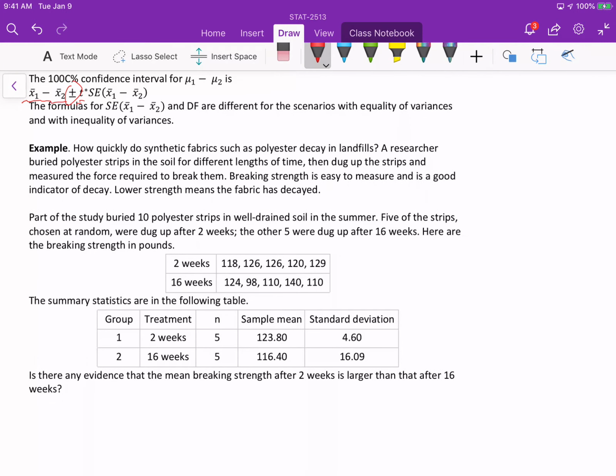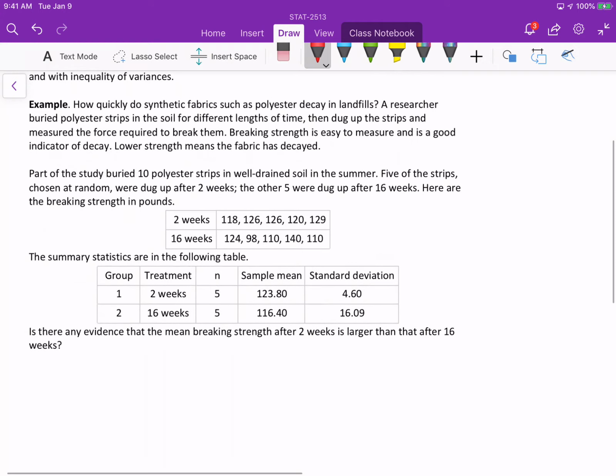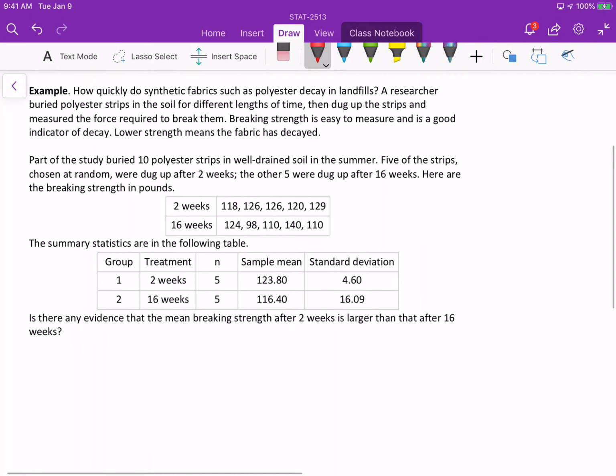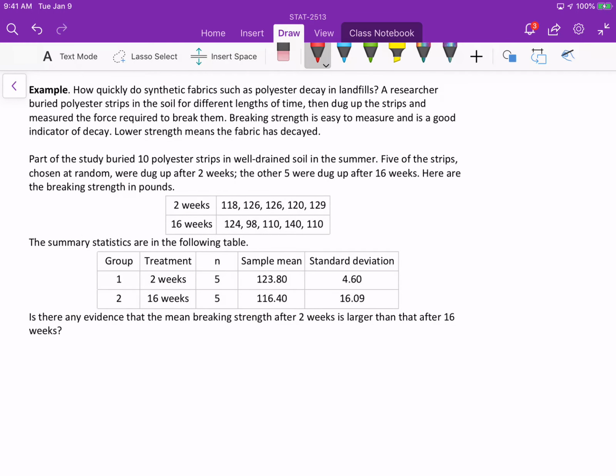Let's explain the steps in more detail using this example. How quickly do synthetic fabrics such as polyester decay in landfills? A researcher buried polyester strips in the soil for different lengths of time, then dug up the strips and measured the force required to break them.